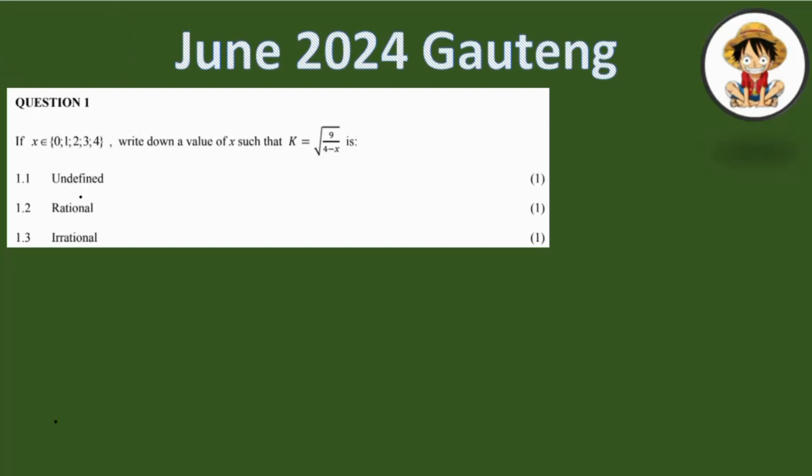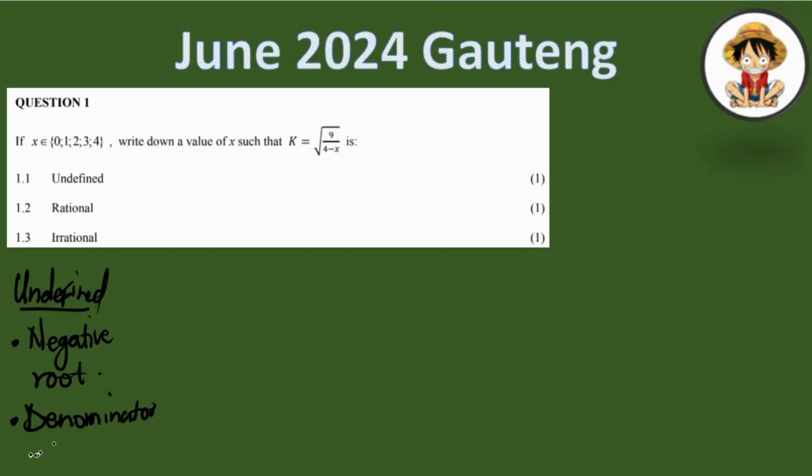Firstly, I'm going to start with the situation of undefined because we have to get through that. For me to get an undefined situation, I must have a negative root, or I must have a denominator of 0.